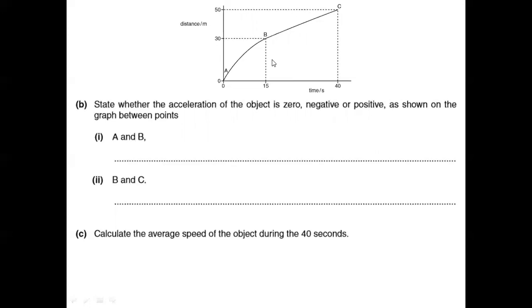The object can only slow down if the velocity and acceleration are in opposite directions. That means if the object's velocity is to the right, the acceleration is to the left. So if we consider the velocity's direction to be positive, that means the acceleration should be negative.